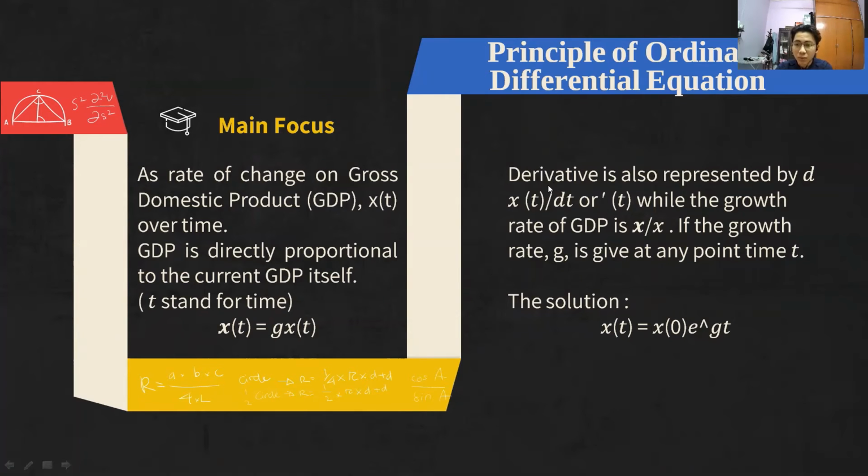The derivative is also represented by dx(t)/dt or x prime t, while the growth rate of GDP is x' over x, which is current GDP over previous GDP. If the growth rate g is given at any point in time, the solution will be x(t) equal to x0 exponent gt.